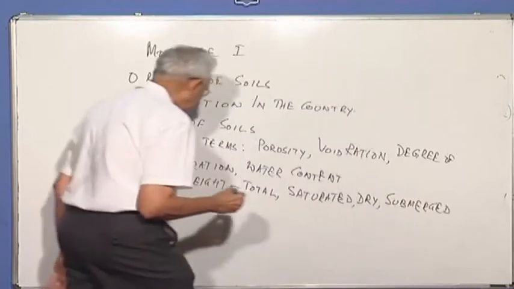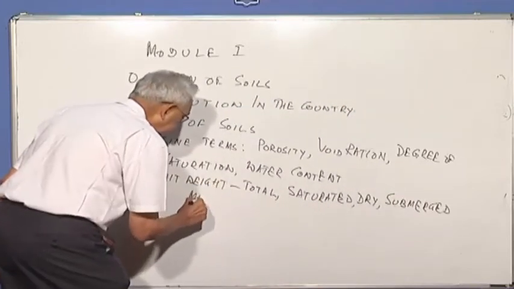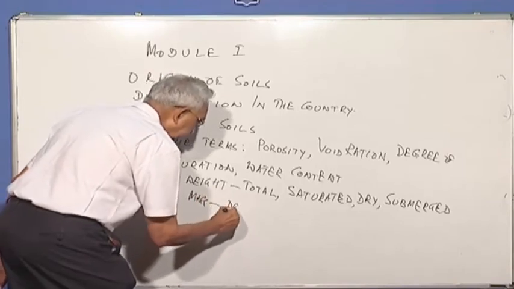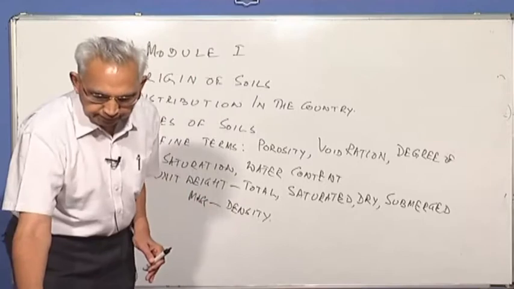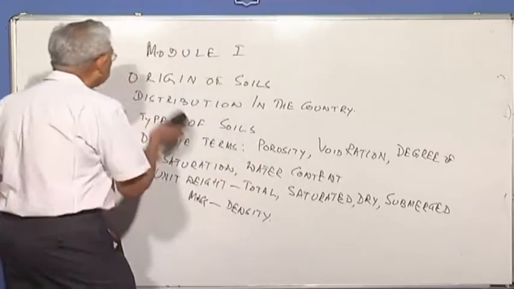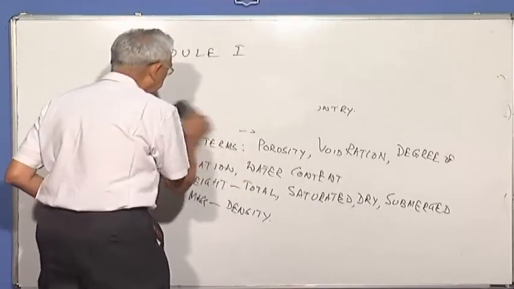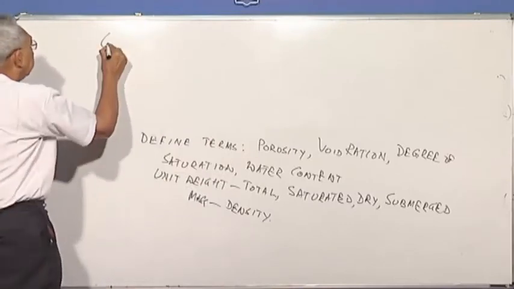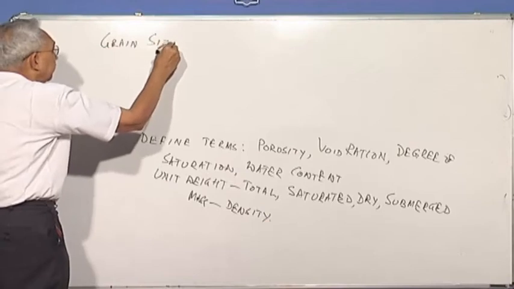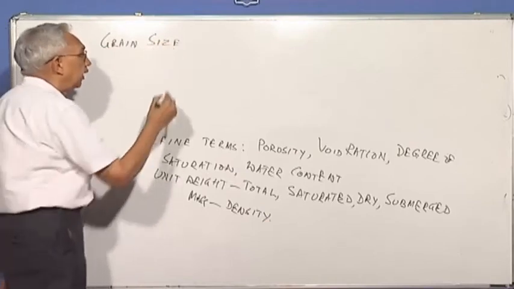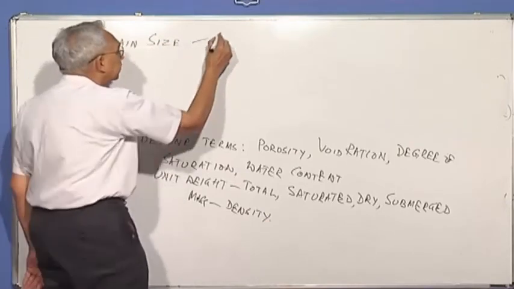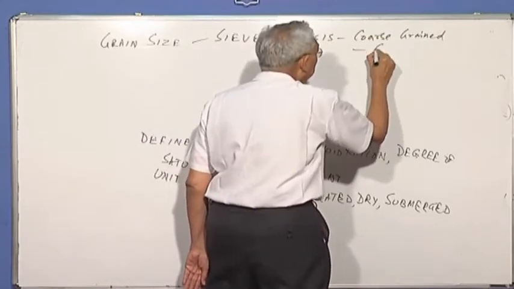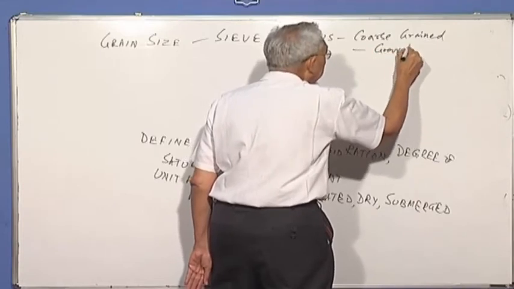If you are looking in terms of mass units, instead of calling it unit weight, you call it density. Then, in order to describe the state of the soil or how they exist, we also looked at various other parameters like grain size, which can be determined by sieve analysis for coarse grain material, that is gravel and sand.